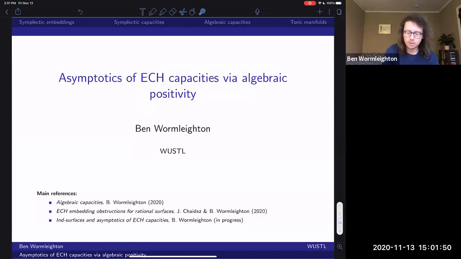In general, I'm going to stick to a fairly big picture discussion and be selective on the details that I share, largely because some of the power of this technology is that it transforms very concrete questions into somewhat formal arguments on intersections, cohomology of divisors with real coefficients in algebraic geometry.